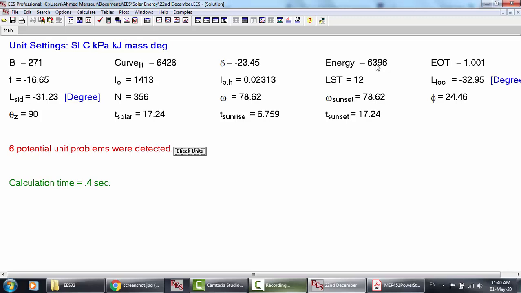We divide 6396 by 6428, and we get a percentage of error of 0.49%. This is pretty awesome.